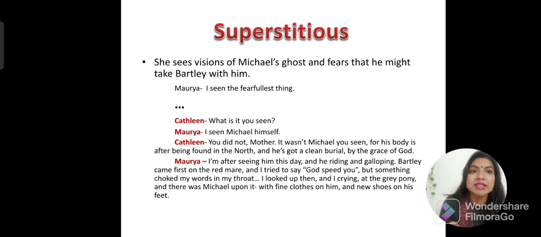In English mythology, we see that black and white, the color that we get after mixing these two colors is gray, something between life and death. She sees the ghost of Michael on the grey pony. So such references show the life of islanders, which was full of different superstitions.